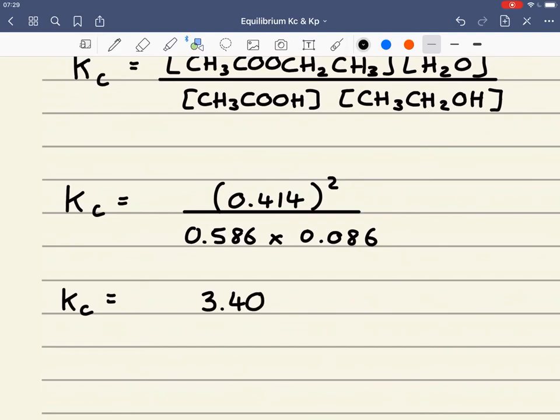And there are no units there because, again, the concentration terms will cancel. 2 moles per decimetre on the top, 2 moles per decimetre on the bottom.